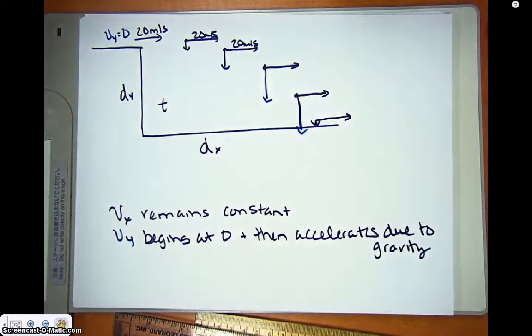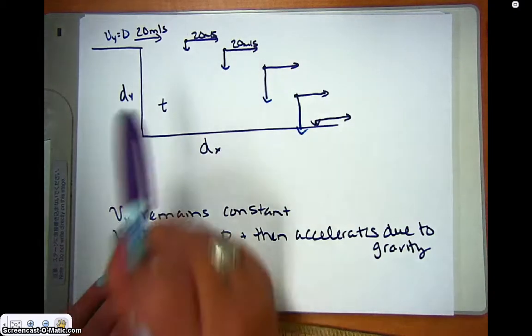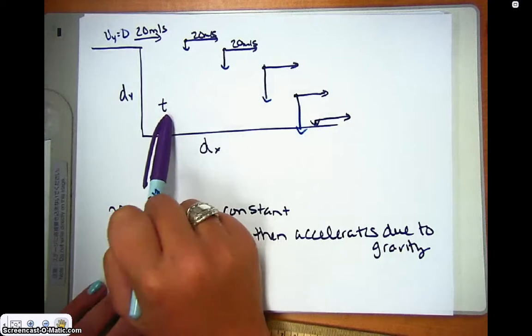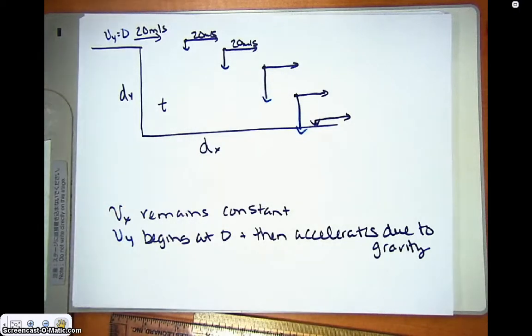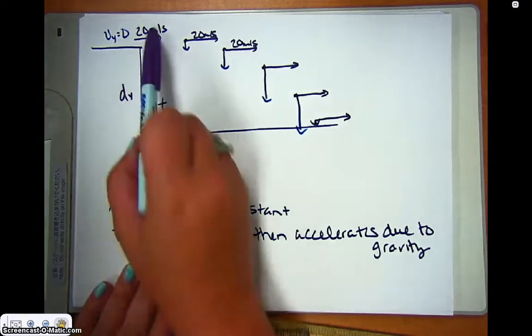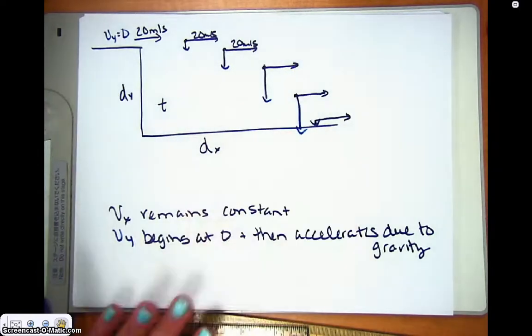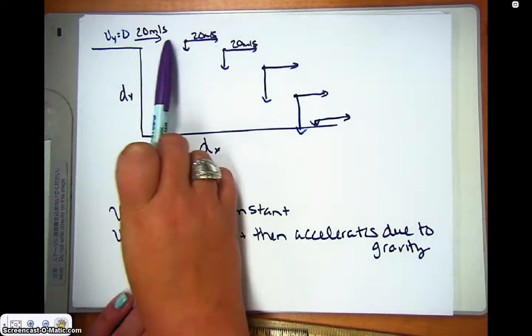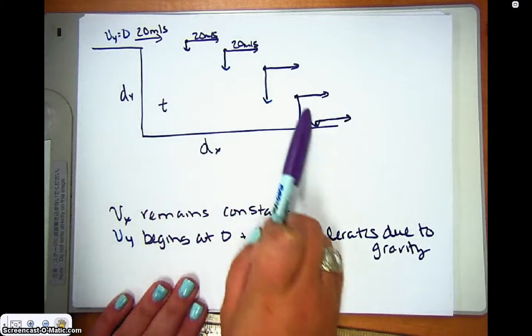All right, now let's think about the time aspect of things. If we separate out our x and y components, we can think about them individually from one another. But there's one thing that's going to link the y motion of the object and the x motion of the object, and that is time. As the object flies off, time passes and it strikes here.